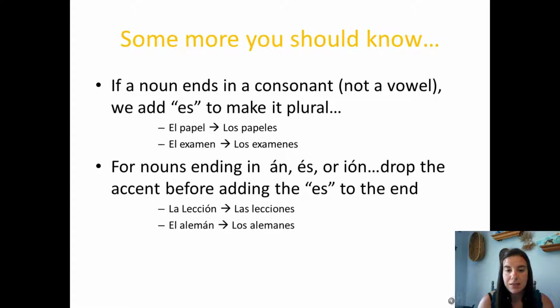Los papeles. El examen becomes los exámenes. And then for nouns ending in an, es, or ion, drop the accent before adding es to the end of the word. So, la lección becomes las lecciones, and notice there's no accent in the plural form. El alemán, los alemanes. No accent. Rules, rules, rules.